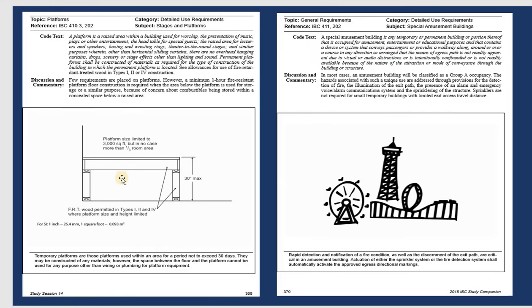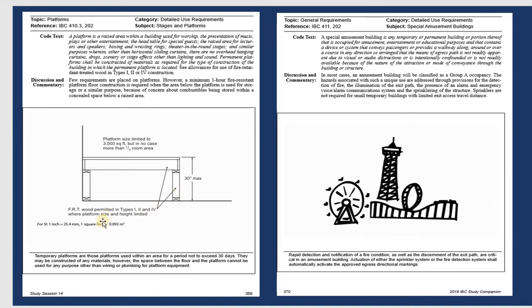This is some examples, so you can see this is the platform section. They have 30 inches maximum. If you call that the platform, it is 30 inches maximum for the distance and the height.